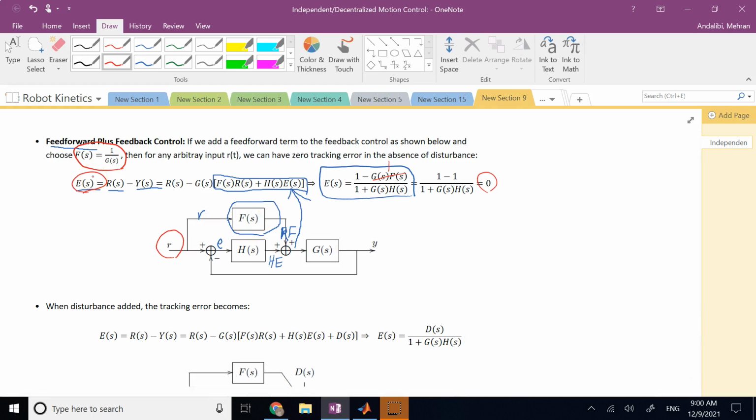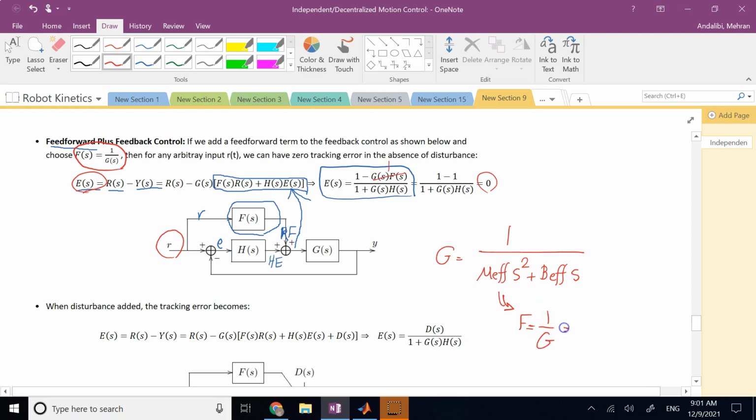Now let me talk about this F equal 1 over G for a second, and then we continue. In the previous video, if you remember, our G was 1 over (M effective times s squared plus B effective times s). It was a second order type 1 system. So from here, your F, which is 1 over G, is going to be M effective s squared plus B effective times s.